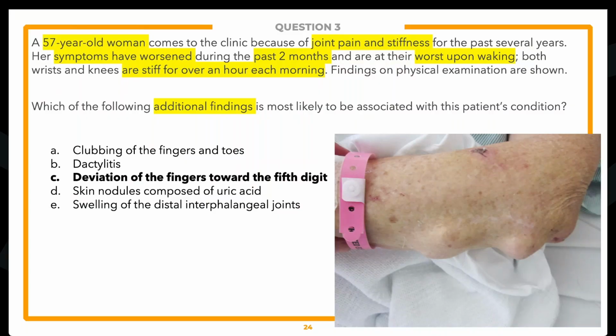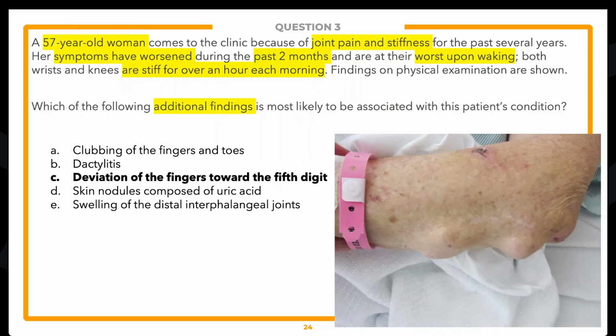That's also very classic, and that's what they're trying to show in the picture. So: symmetric inflammatory polyarthritis, typically middle-aged, typically bilateral swelling, worse with morning stiffness. You can have these firm, painless nodules, called rheumatoid nodules, in the elbow or the hand typically. Okay, so that's a thing.